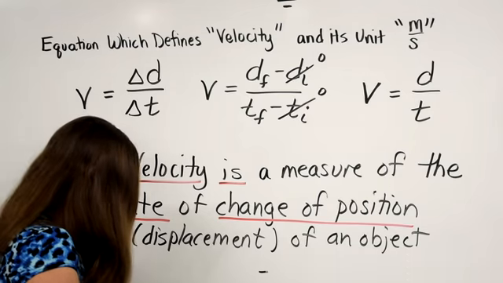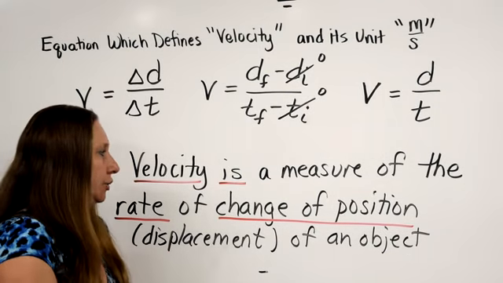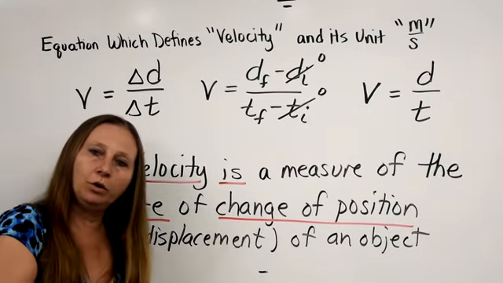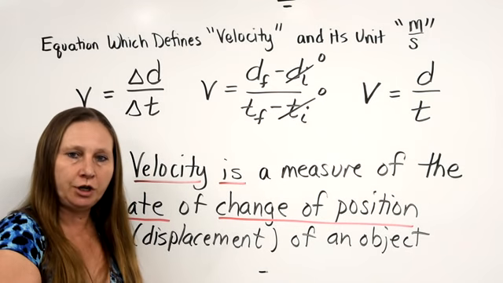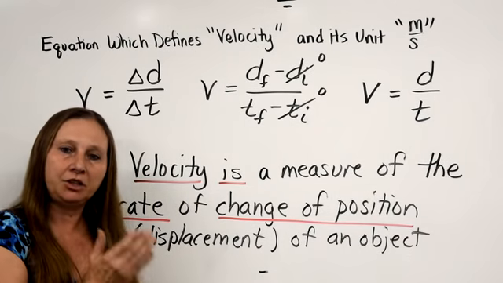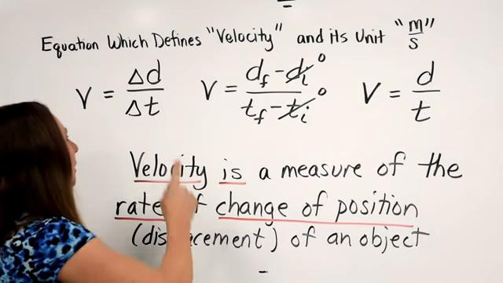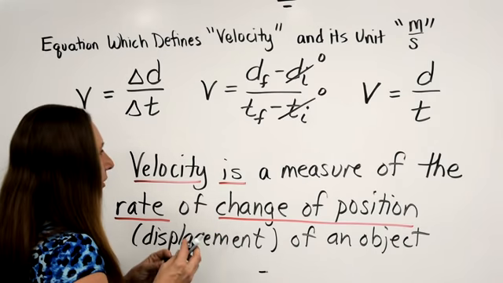Now, what's changing here is your position or displacement. If it's a constant velocity, it's changing by the same amount every second. For example, 2 meters per second. We did this just a moment ago with that chart.